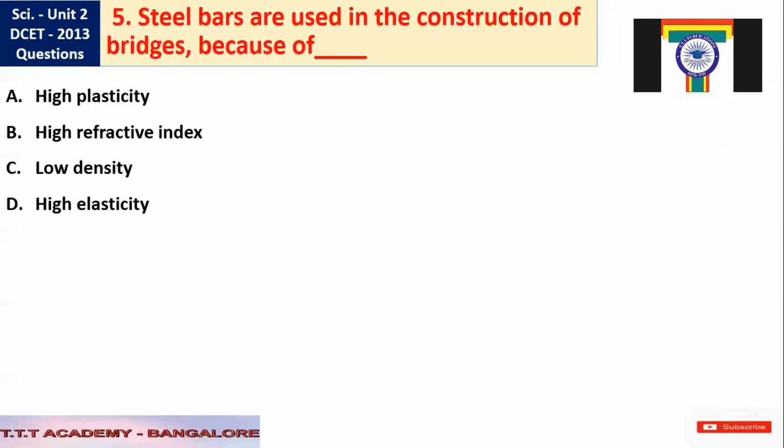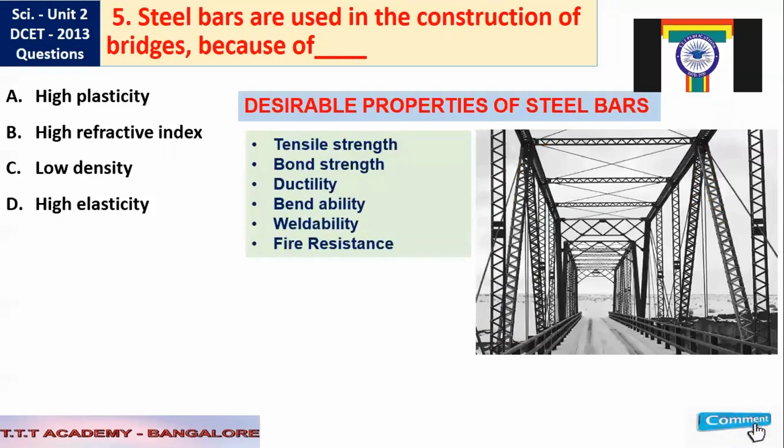Steel has important properties, and because of its desirable properties we use it in the construction field. Majorly, it has high tensile strength, bond strength, and ductility. Ductility is the property of a material by virtue of which it can be drawn into thin wires. Before fracture takes place, some expansion takes place. After some elongation, it may break.